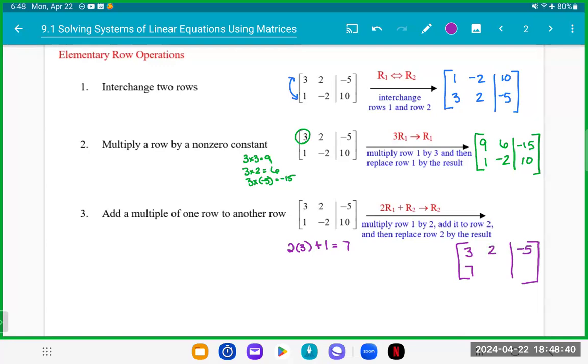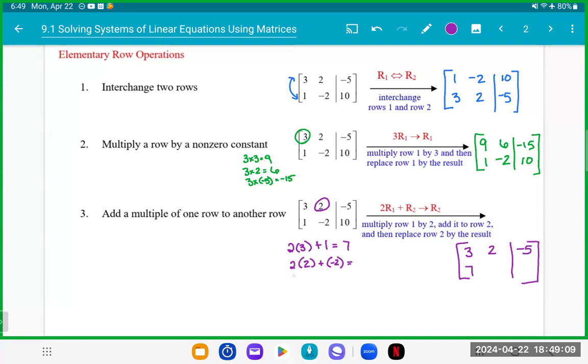Okay. And now we do our second element. So we have 2 times -2, plus, so 2 times, it's a +2, sorry. 2 times 2, right? Plus what's in row 2, that's my -2, equals what?